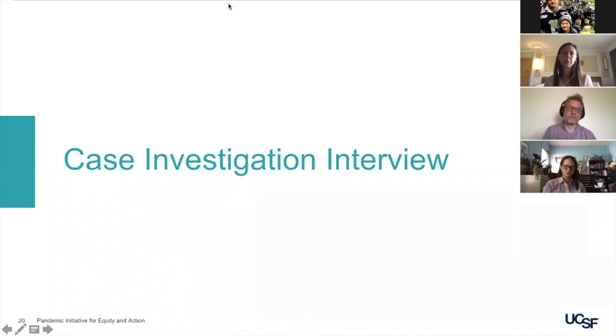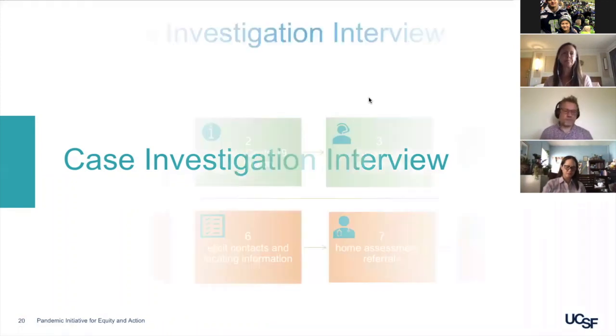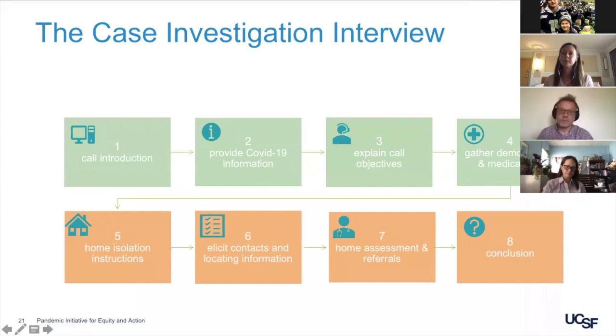So I'm going to go into the case investigation interview that we're going to jump into practice very soon. Just laying out the steps here in these 8 basic components that are all laid out for you in a script. We have a script that we will use for practice that is generic. It has not yet been tailored to be specific to Guam, but it contains all of these key components.